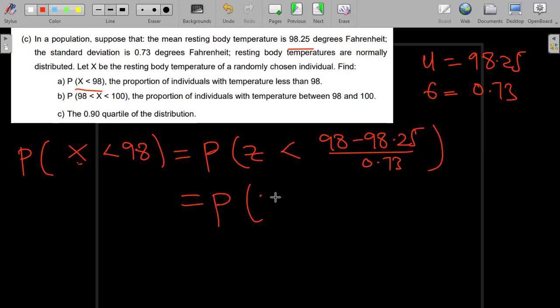So this will be Z is less than... if we standardize that, okay, let me punch it on my calculator. Right, I'm getting minus 0.34. So I round it off to 2 decimal places because that's what I can see on my Z-score table.